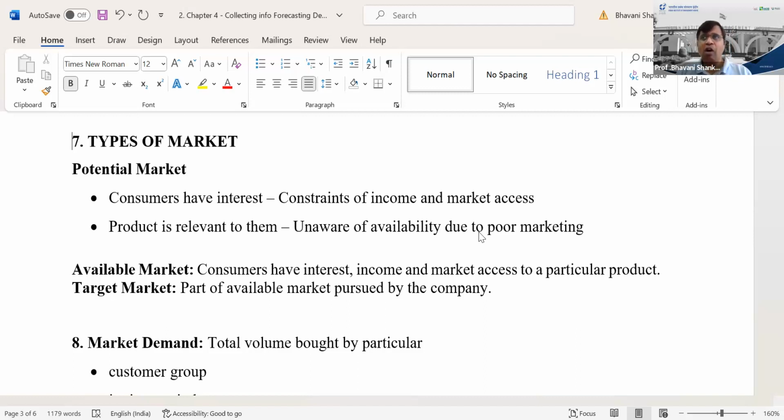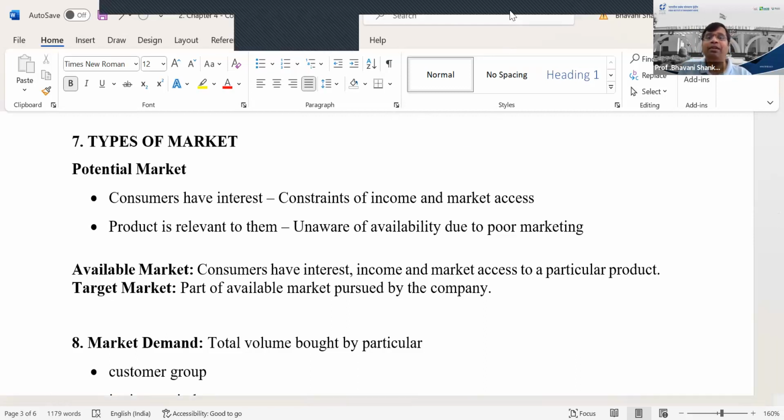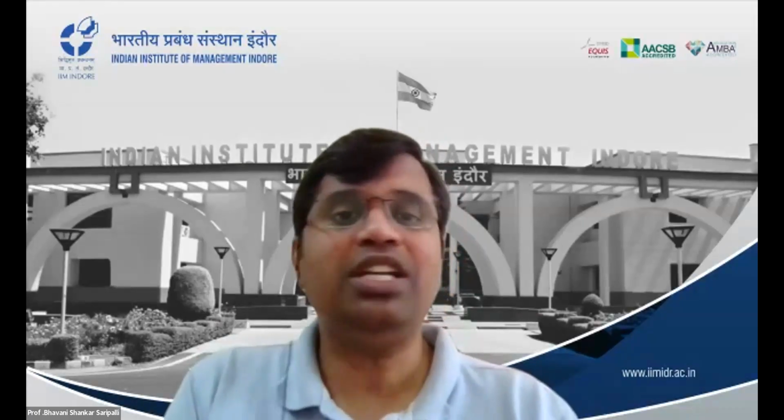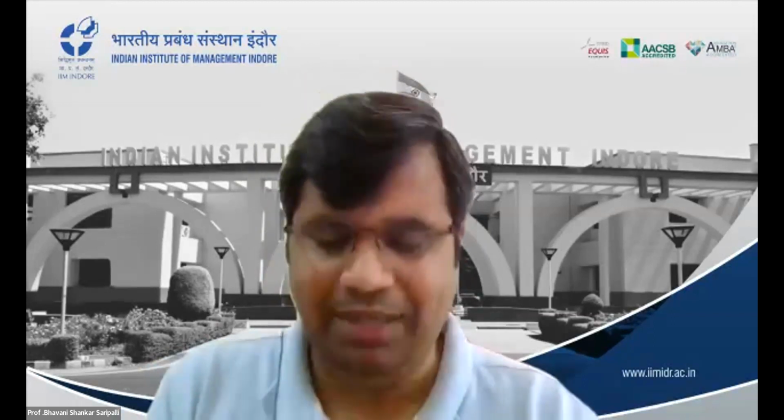So we are producing an affordable phone, but we don't have people purchasing these phones, which is why you will have to figure out ways and means to reach out to these people and tell them what benefits are possible using this very cheap smartphone, and then give them the opportunity to purchase that product. That is how you are interested in exploring the potential market. Now, please go ahead with your question.